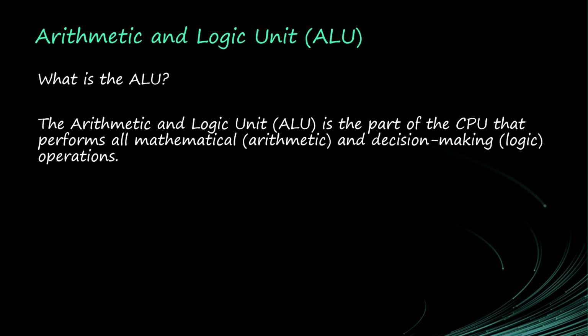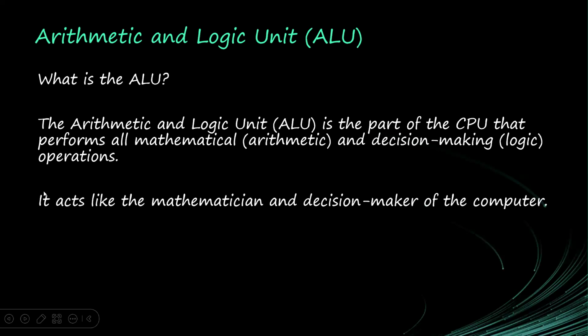So when the CU decodes or interprets what the user wants the computer to do, it will send it to the arithmetic and logic unit to perform the mathematics and the decision-making. Okay? So it acts like the mathematician and decision maker of the computer.